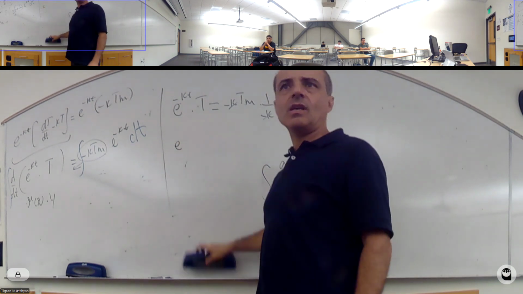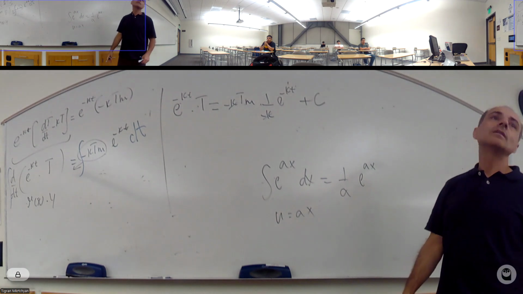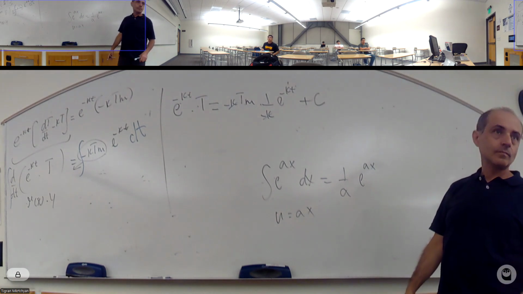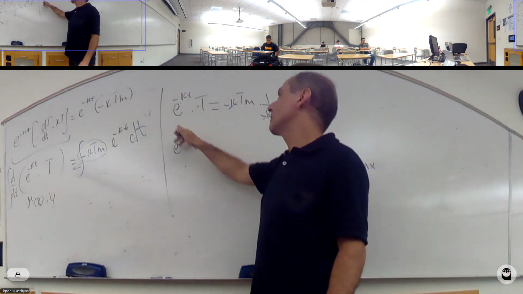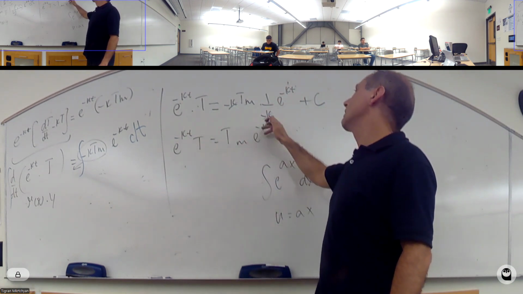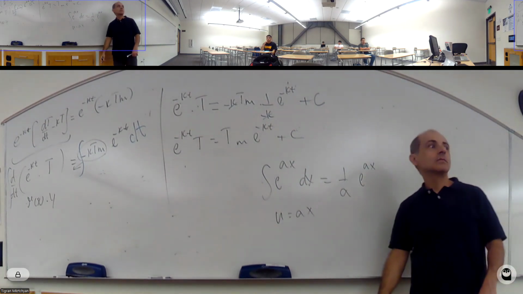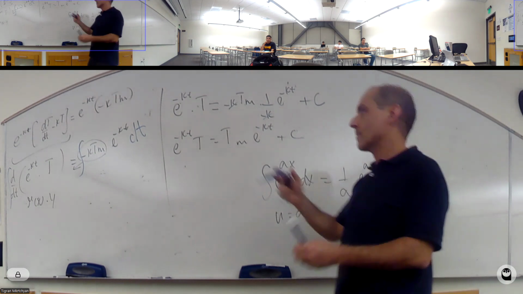But let's solve this for T, the temperature. How do I solve this for T? Divide by e to the negative Kt.